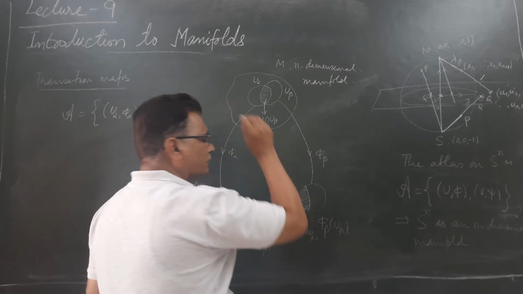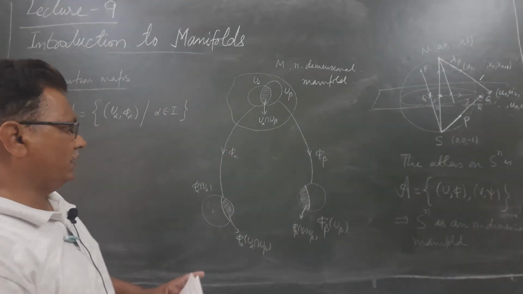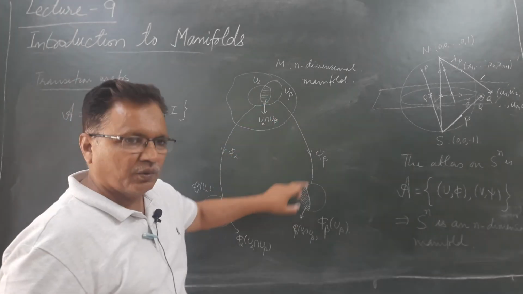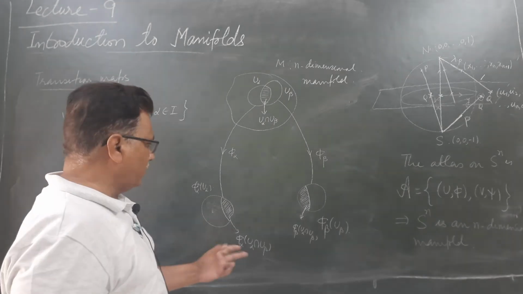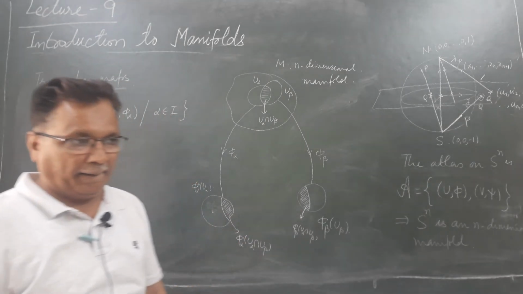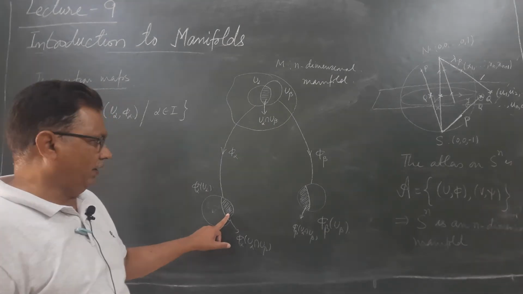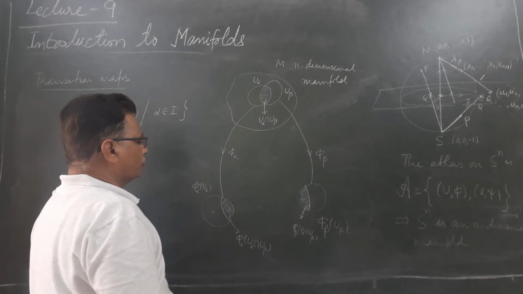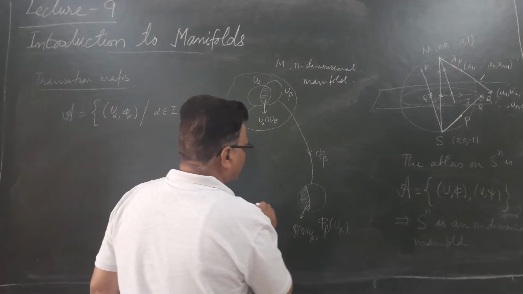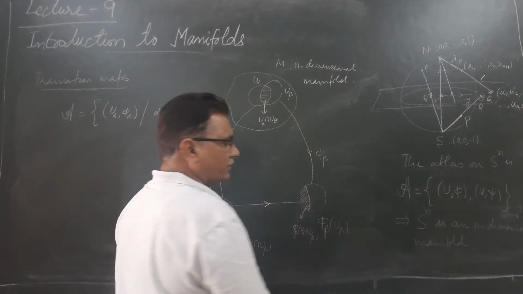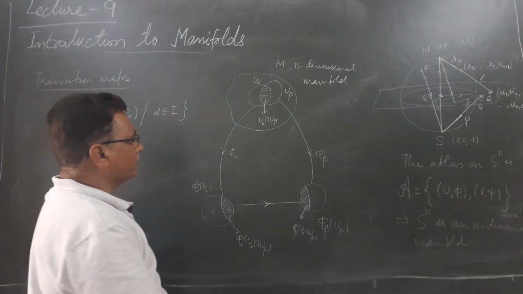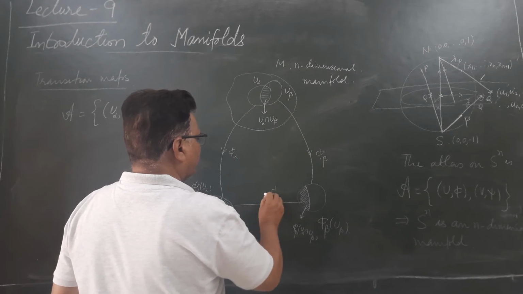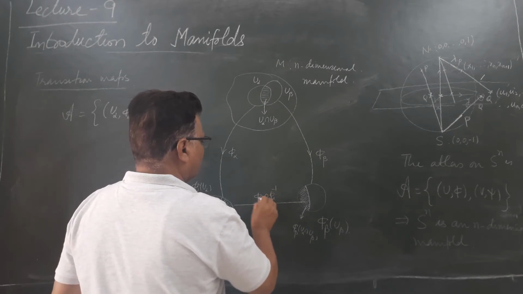This is also open because it is the image of an open set under a homeomorphism. Same thing over here. So I have got two open subsets in Rn, and so I can think of a map between the two open subsets of Rn. This map you can see will be what? It will be this map.